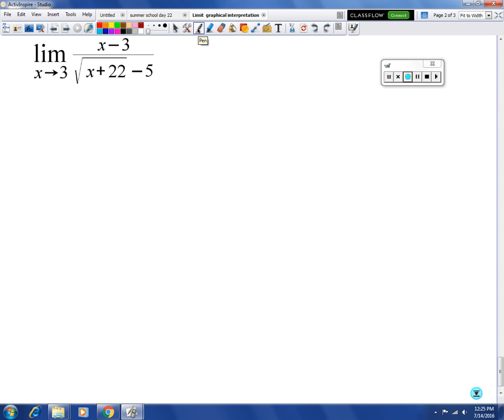Now, on the last problem the square root was in the numerator. This time I put the square root term in the denominator. So we're going to multiply by the conjugate of the square root term right here, and do this to the bottom. It's going to work out the same.